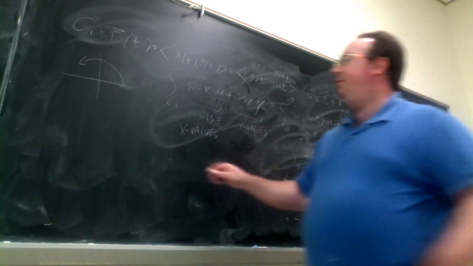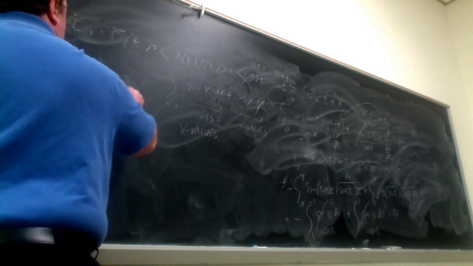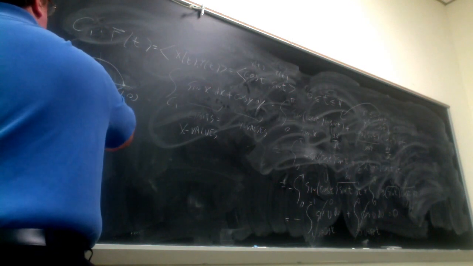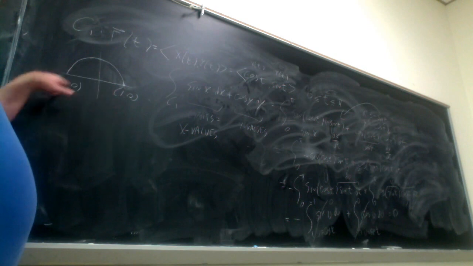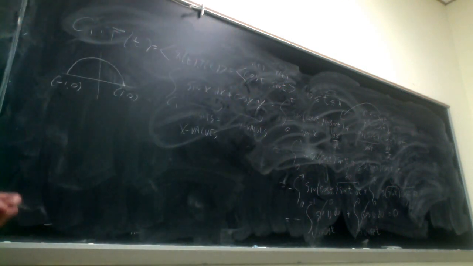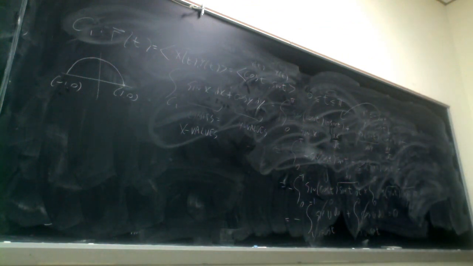Well, what's happening with this circle? It's starting at this point, 1, 0, and going around the top half to this point, minus 1, 0. So x is going from 1 to minus 1, just like you saw here. And then y is going from 0 to 0. And sure enough, those are the limits that we get. So you can do that.